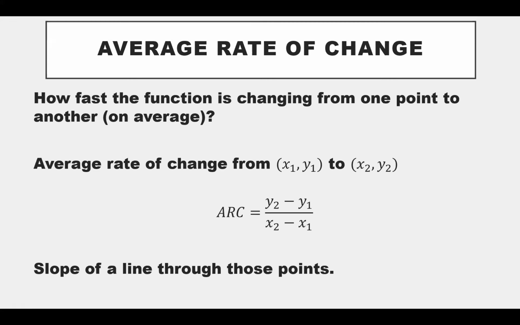The last concept that we're going to look at in this section is the concept of the average rate of change. That is how fast a function is changing from one point to another. And when we say how fast a function is changing, we have to say on average how fast it is changing.